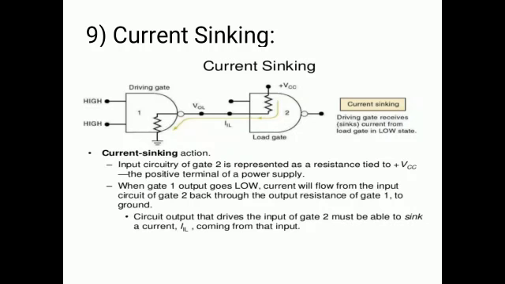So this current is denoted by IIL. So here the input circuit of the load gate is represented by the resistance which is connected to VCC. So when the output of the driving gate is low, the driving gate will receive the current, or the driving gate will sink the current from the load gate. This is called as current sinking.